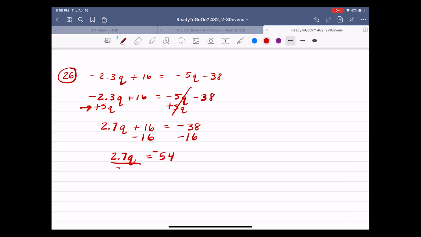I'm going to divide by 2.7, divide by 2.7, and I'm going to have q equals negative 54 divided by 2.7, which is negative 20. Q equals negative 20. And I checked the book and we are correct.